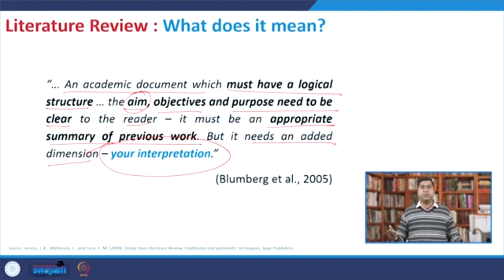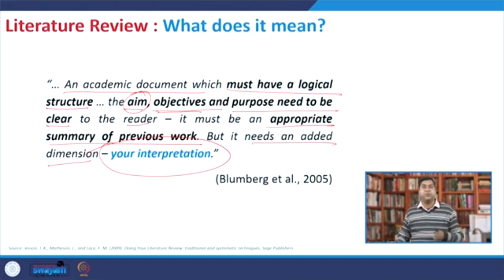The purpose of doing the literature review can be at the initial stage, or to identify the data collection method, or just to compare your result with past studies. At different stages, as we already discussed in the last lecture, we go through the literature and identify the aim, objective and purpose, and then we start and do the structuring.